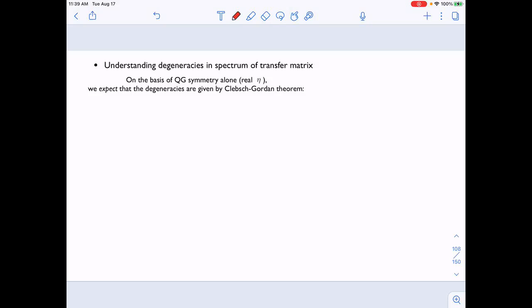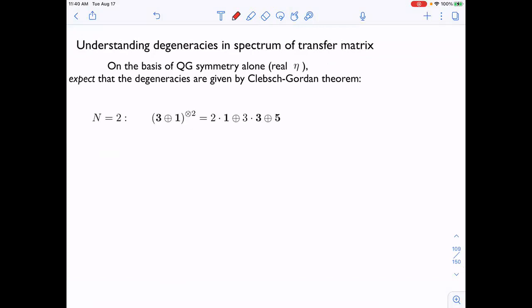On the basis of quantum group symmetry alone, and now just for simplicity, let's focus on the case of real anisotropy, we expect that the degeneracies of the transfer matrix should be given by the Clebsch-Gordan theorem. You remember I said that at each site you have a four-dimensional vector space, but it turns out that this four-dimensional vector space decomposes under this quantum group into a triplet and a singlet. So that's for one site.